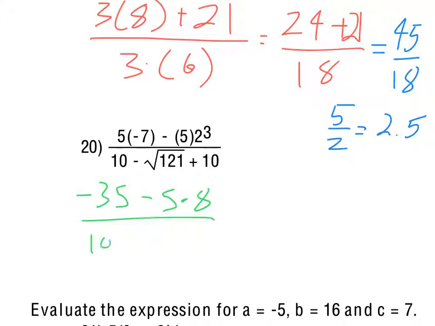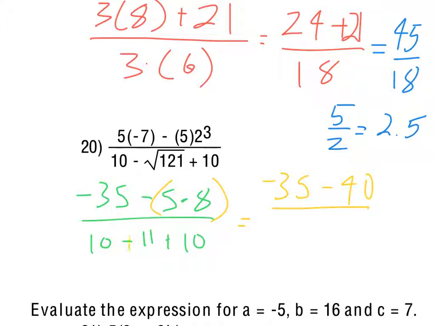In the denominator, we do the square root of 121 first, and so it looks like this. Again, in the numerator, that's a 5 times 8, so we can do that first. The minus sign I'm just going to leave out there, so we get -35 minus 40. Now in the denominator, be careful how you handle that.